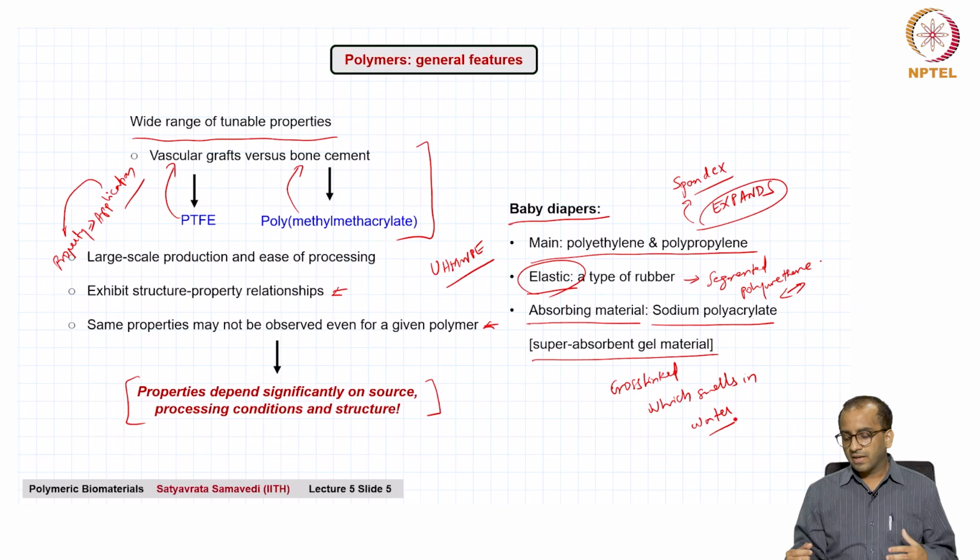Now, the cross-linking prevents immediate dissolution upon contact with water, and because it is cross-linked, as it comes in contact with water, it is going to keep swelling and swelling and swelling, meaning it is going to absorb all the water that goes into it.